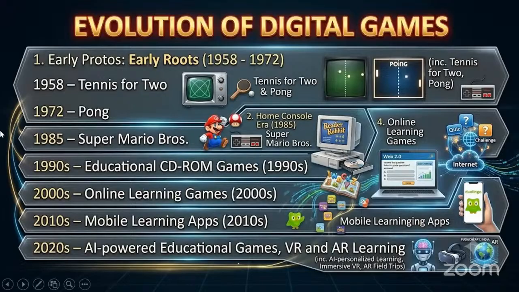And then 1985 Super Mario game. And then educational CD-ROM games, where you can put the CD in your personal system and you can play the games. And then later on, during the 2000s, online games were started.